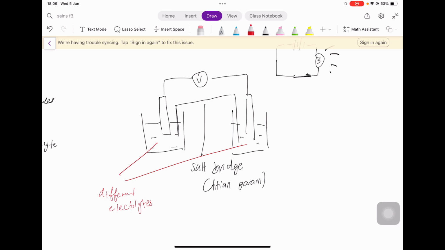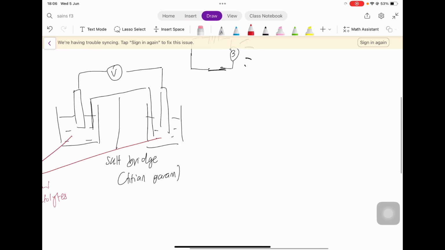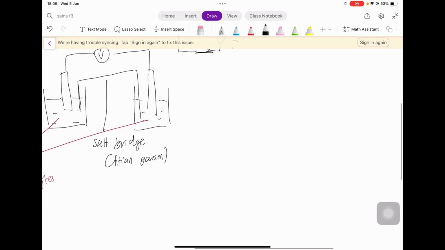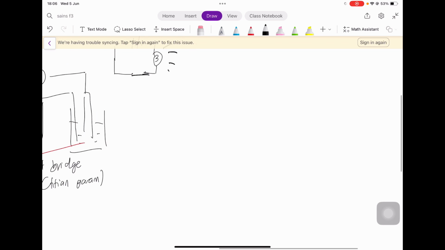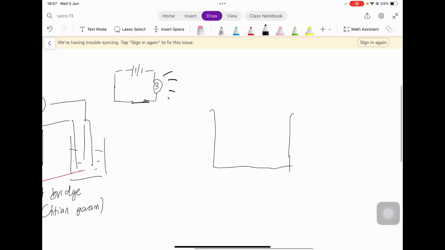Okay. Second setup of Daniell cell is also we have again sama juga, we would have different electrolytes kan. So yang ni pula dia pakai satu beaker saja, tetapi dia akan ada, kejap, let me draw. Pardon my drawing.